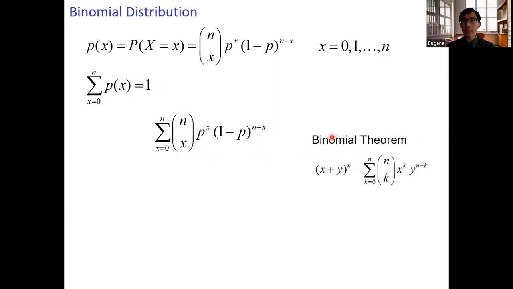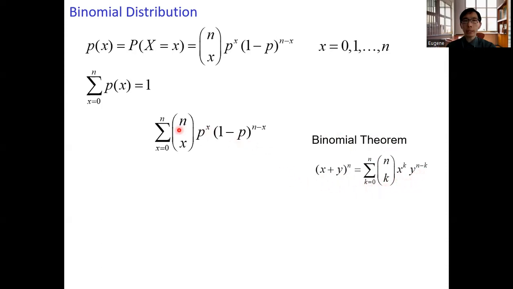The binomial theorem states that x plus y raised to the power n equals the summation of k equals 0 to k equals n of nCk times x to the power k times y to the power n minus k.